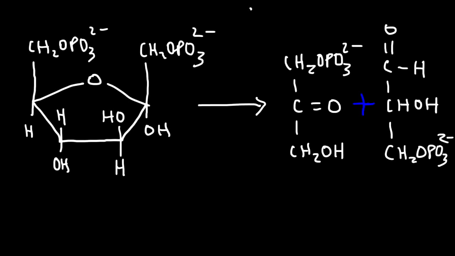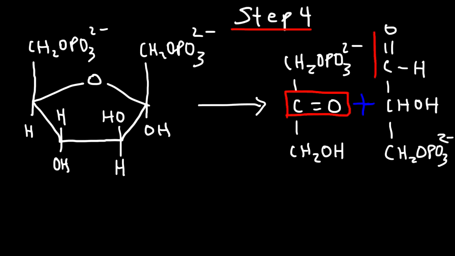Now let's move on to step 4 of glycolysis, the cleavage of fructose 1,6-biphosphate. Notice that we get 2 molecules, a ketone and an aldehyde. What do you think are the names for these molecules? A 3-carbon aldehyde with hydroxyl groups is known as glyceraldehyde.